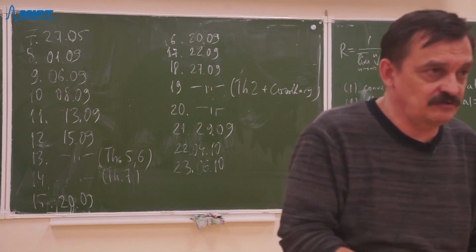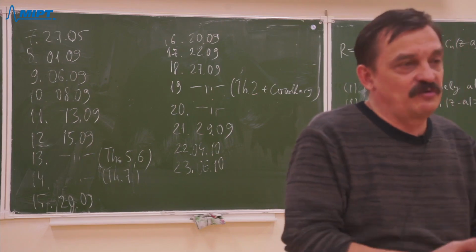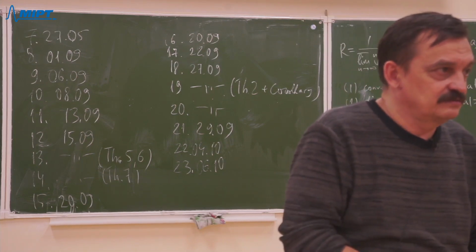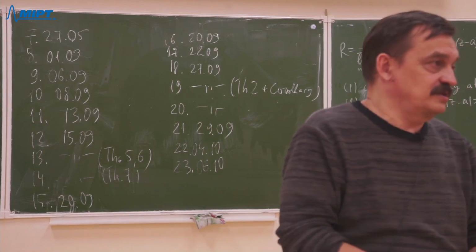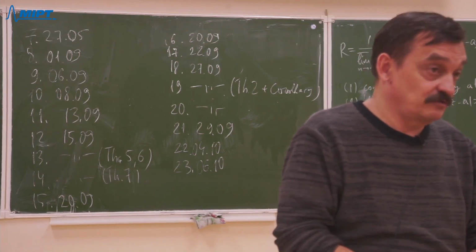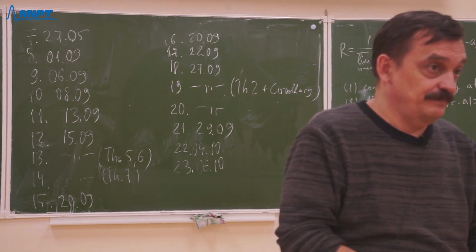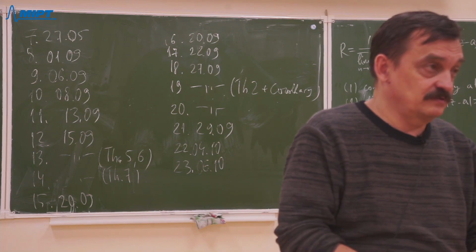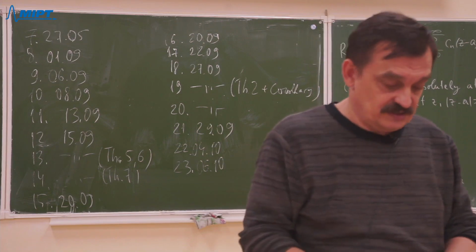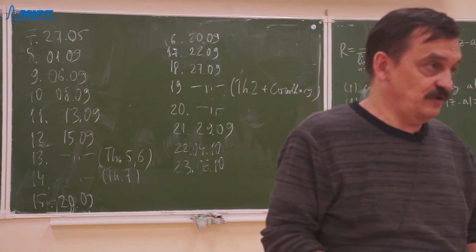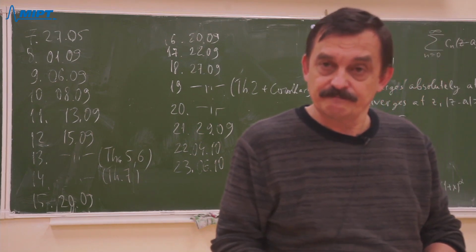Osculating circle, osculating plane, tangent vector, normal vector, right? Curvature, everything is given in that theorem about second order approximation. So that is what you should know about the second order approximation of a curve. Okay?